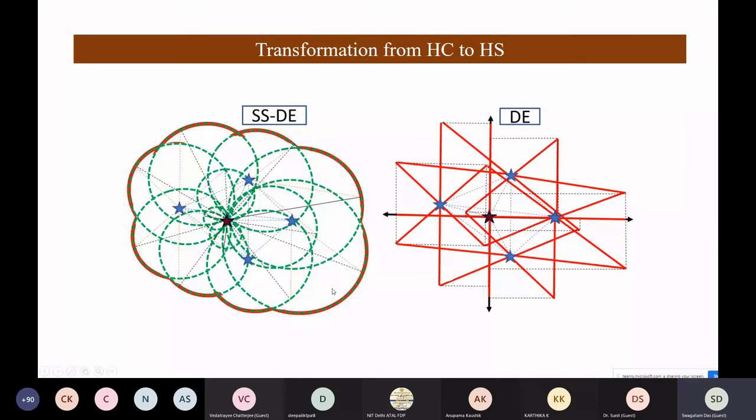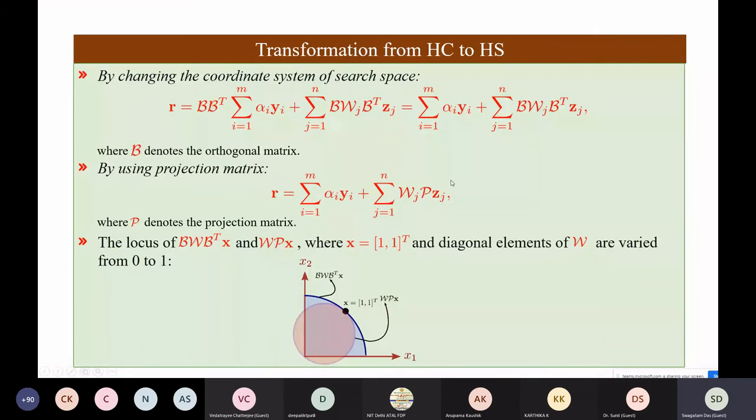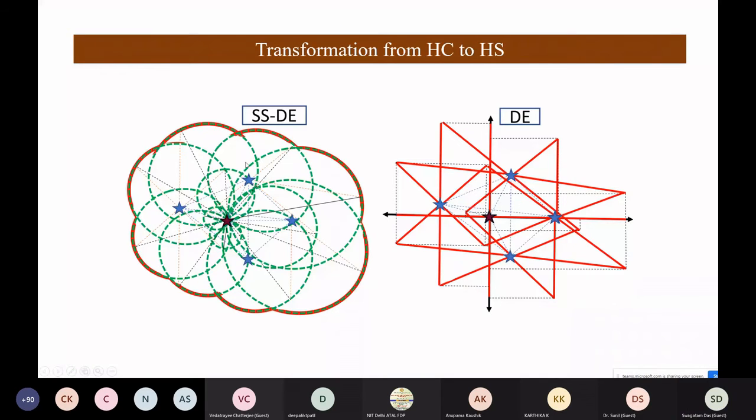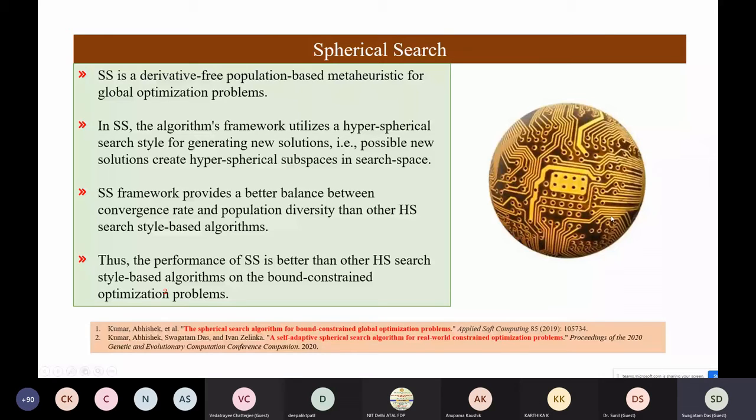So if you apply such projection-based operators on DE, with all other things like DE and just this spherical projection-based operator used in DE, then you get this sort of trajectories, or this sort of locus, these green dashed circles, instead of such pointed and cubic locus. So there comes the spherical search algorithm.